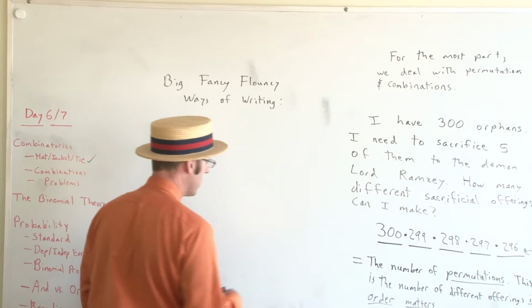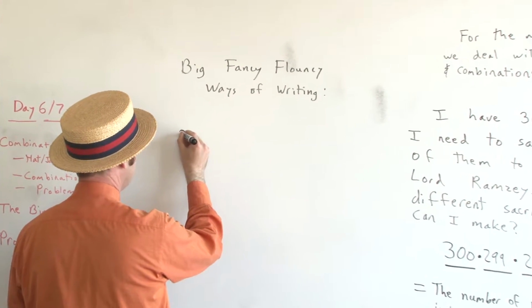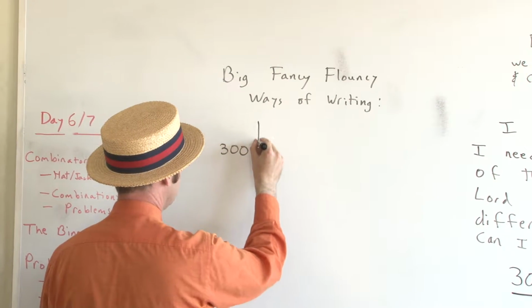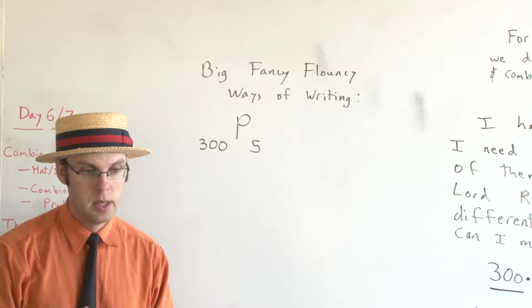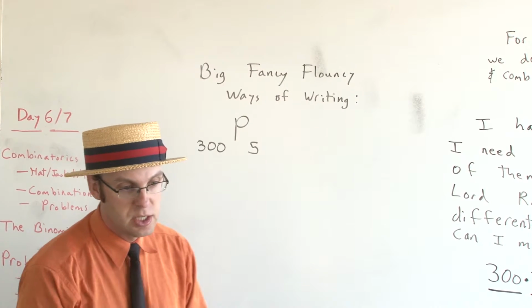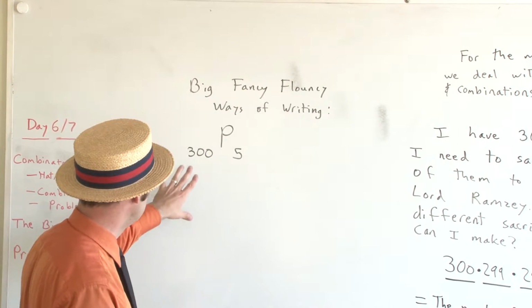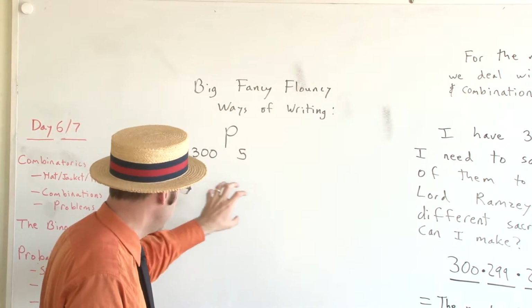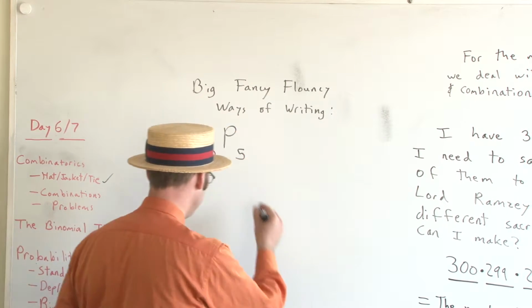If each position were important, if order mattered, we would call it a permutation, and the way we would write it is 300P5. So on your calculators, you have a permutation button. On the 84, it requires you to do 300, then use NPR, and then 5.